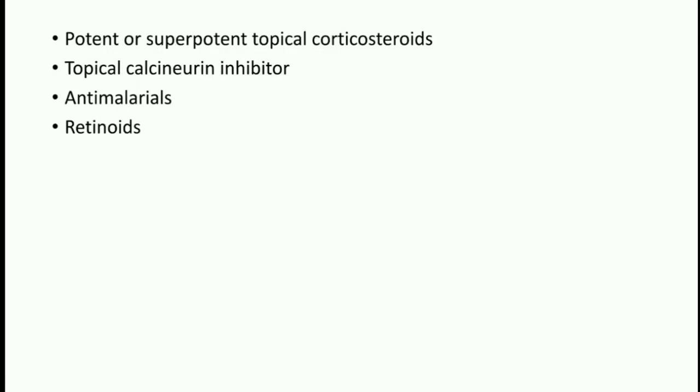Now when we discuss the treatment, the patients have to ensure protection from the sun. Apart from that, as first line treatment you can give potent or super potent topical corticosteroids, and you can give topical calcineurin inhibitors, one such example being tacrolimus.